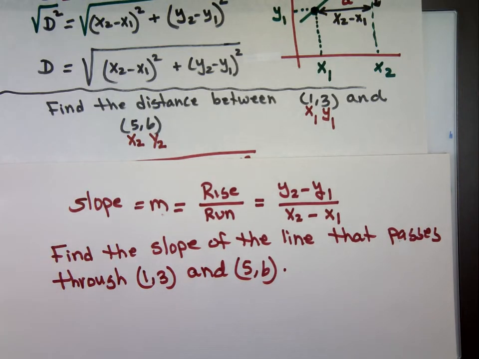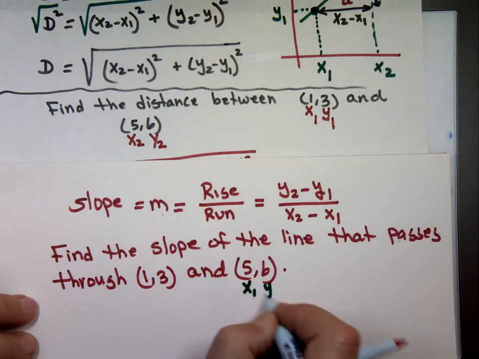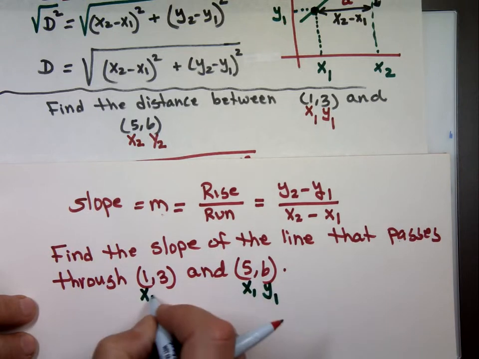Remember in the previous example, I called this one x1, y1. I'm going to change it now. I'm going to call this point x1, y1. No reason. This is x2, y2. My answer is not going to change.